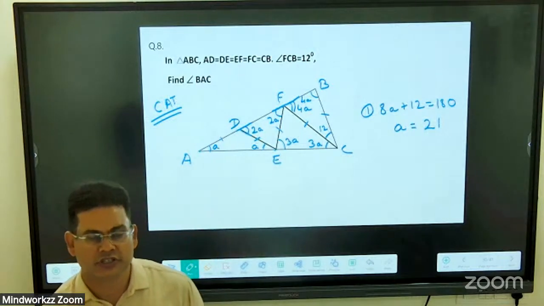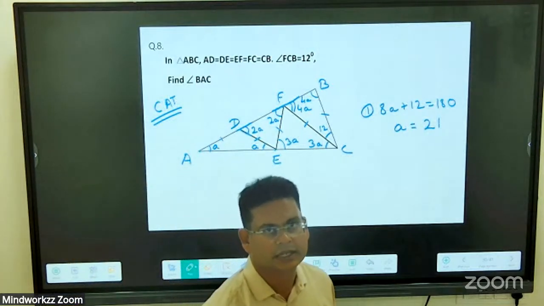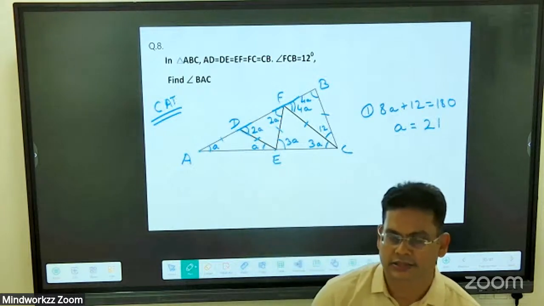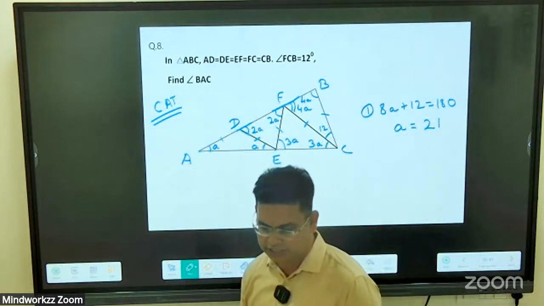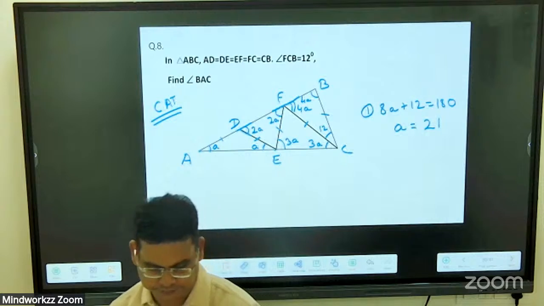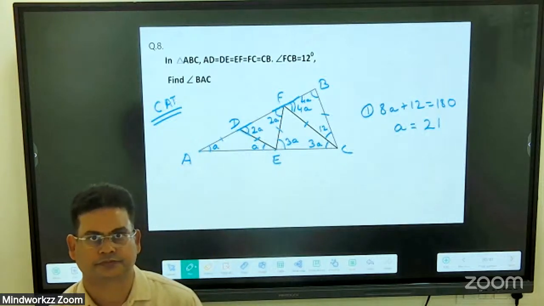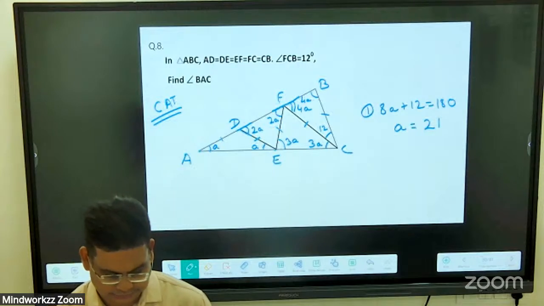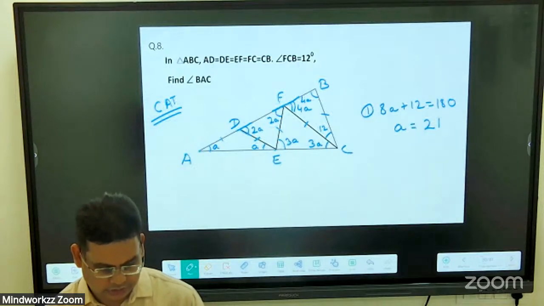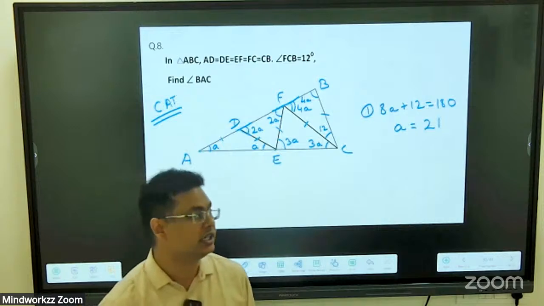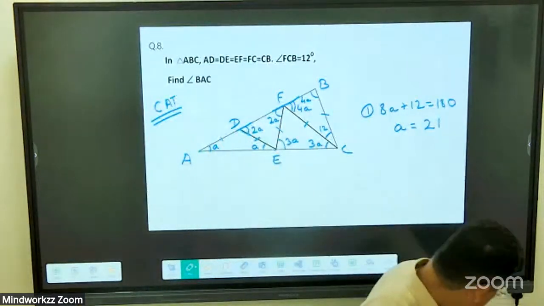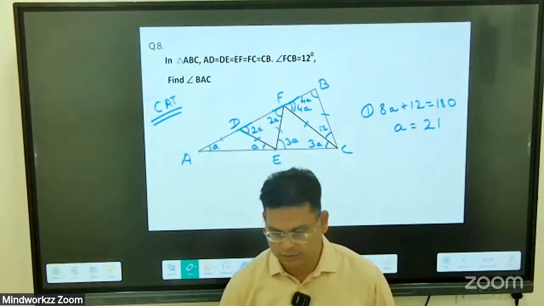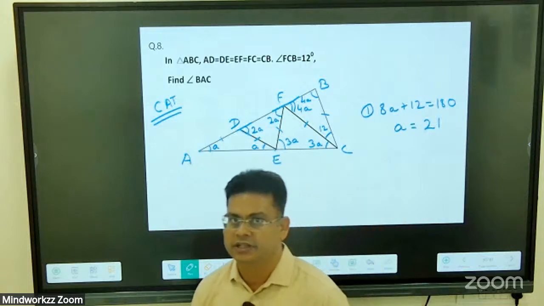You just need to visualize the exterior angle and figure out the answer. Let me know if something is not clear here. You have got the answer as 21. Twenty-one is correct.